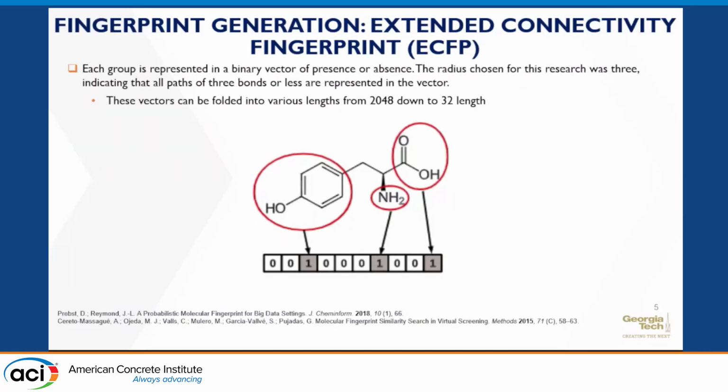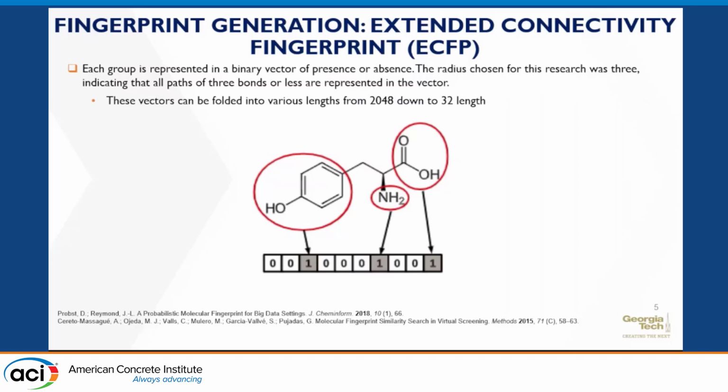In cheminformatics, there are fingerprint generation techniques, one of which is the extended connectivity fingerprint. Fingerprint generation means representing these chemicals in vectors, essentially. There are different methods, and what I'm introducing here is called ECFP. In this one, you have a binary vector.